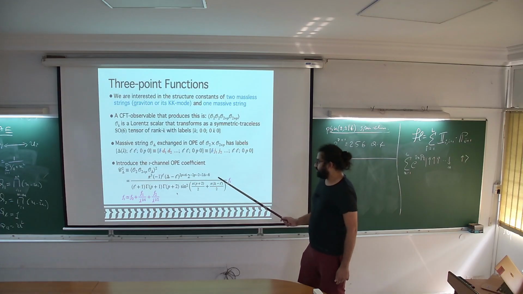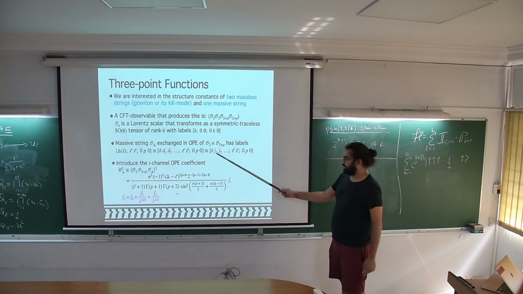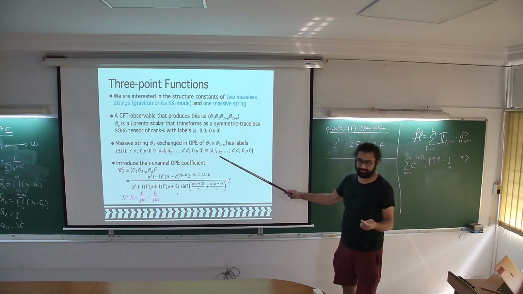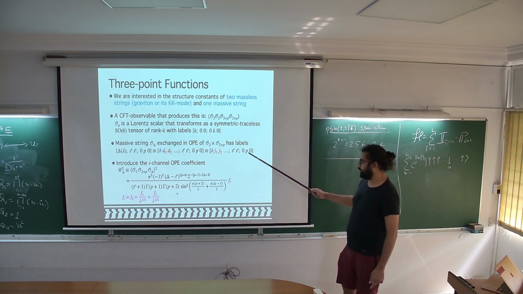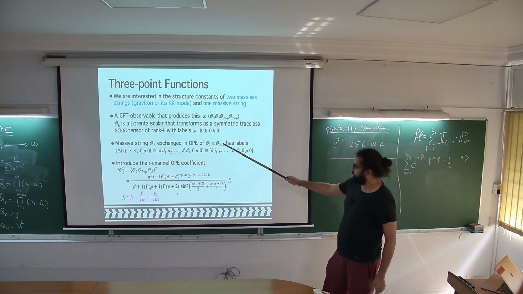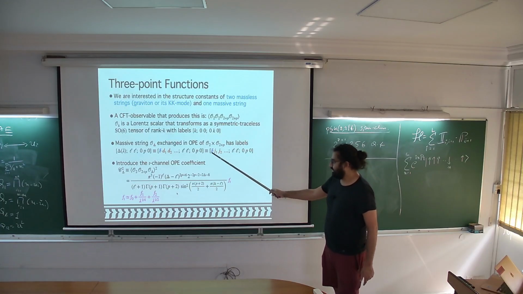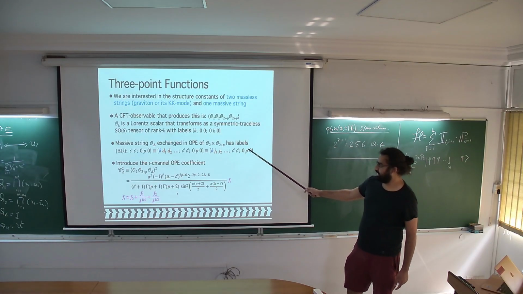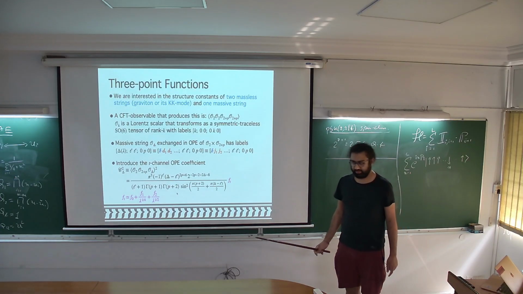Or in the language which I like to use, you will have a set little delta, J1, J2, and so on, l, l, 0, p, 0, where p is the R charge of the exchanged state. So in particular, if I have O2, O2, O2, O2, then I'll just have a state which is not charged under R symmetry.